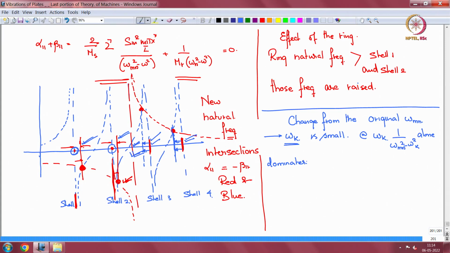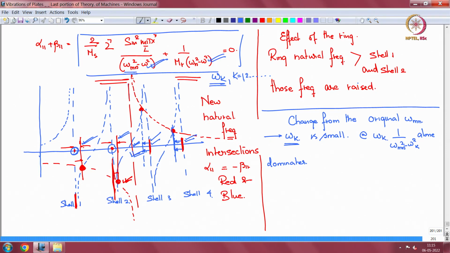Okay. This equation here, let me repeat if that is not clear. This equation here has many solutions for this omega, which are omega k's, and k running from 1 to etc. Okay. And if it so happens that the ring is not a very strong stiffener, doesn't influence very strongly, then omega k is going to be close to omega mn.